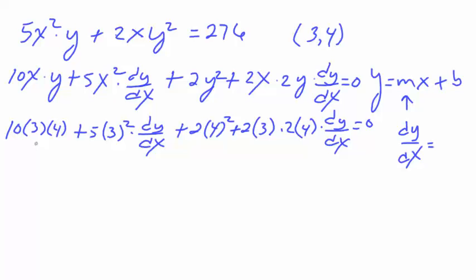So now we want to multiply all this stuff out. We got 10 times 3 is 30.